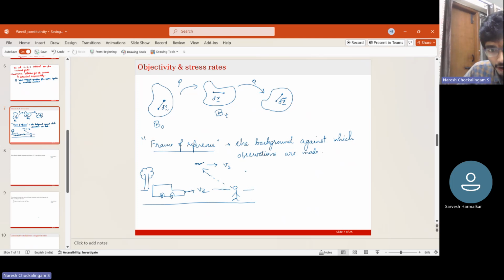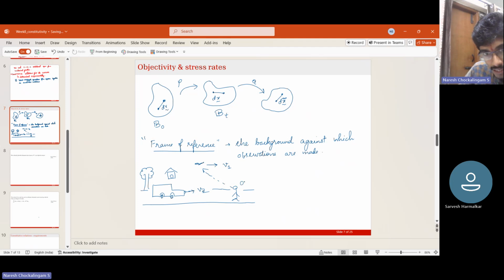So he will make observations of the bird against a tree at rest, or say there may be a house here. These things are at rest with respect to him, and he is observing the velocity of the bird with respect to things that are at rest with him. So his frame of reference is the road's frame of reference or the tree's frame of reference.